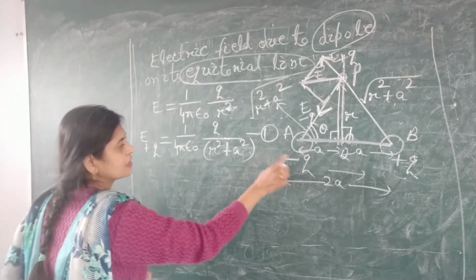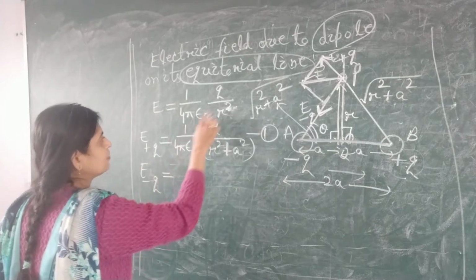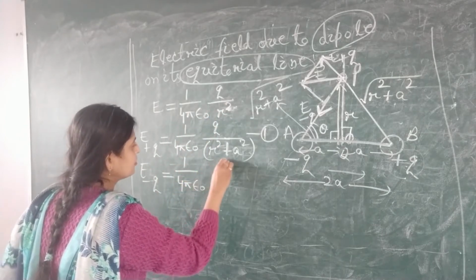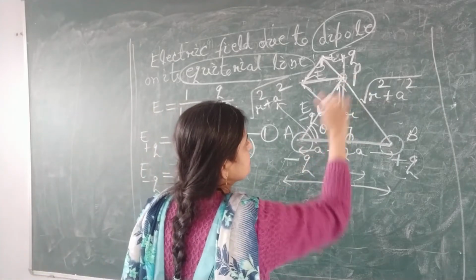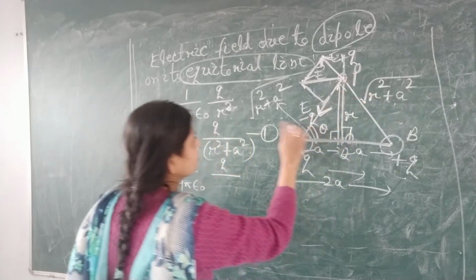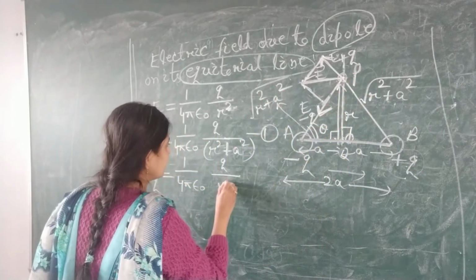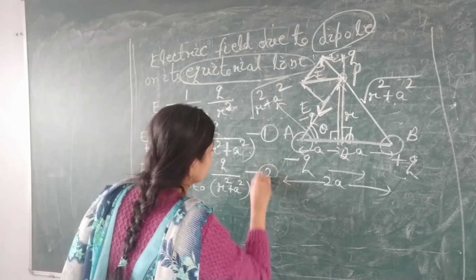Similarly, find the electric field due to charge minus q. Applying the same formula, it is 1 by 4 pi epsilon naught q divided by AP square, which is the same as BP square, so r square plus a square.